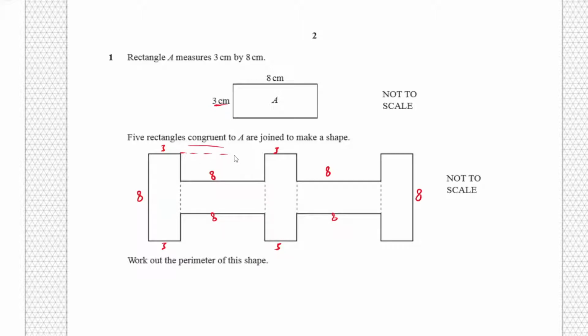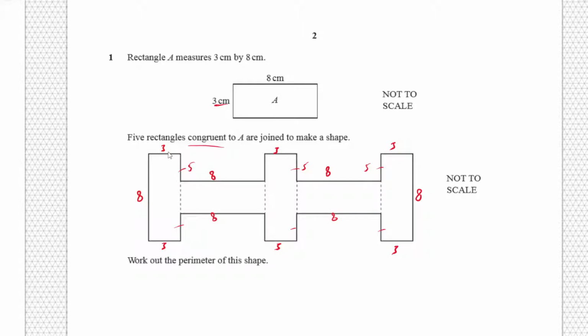We don't know if this makes a full rectangle. Actually, it doesn't, right? So we cannot say that is 3, right? We cannot say that. However, we know that is 3, so the remaining, these 2 are essentially 5. Like 2 of these are 5, 2 of these are 5, and 2 of these are 5, right? And also this is 3 and this is 3.